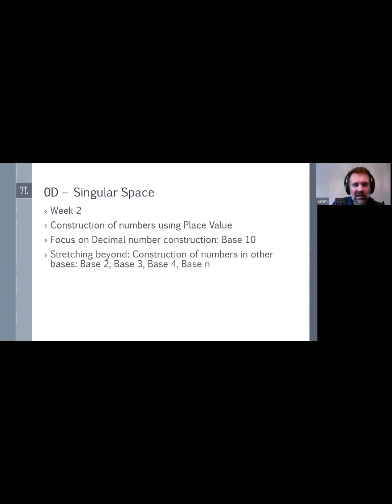base 10 and get into some of these other bases. They'll show you base 2, base 3, even base 4, base n. Base 16 is considered hexadecimal, so those are hexadecimal numbers. These are other different kinds of bases. Base 2 is often used in computers, right? Zeros and ones.